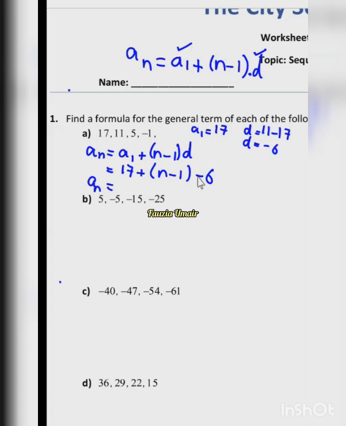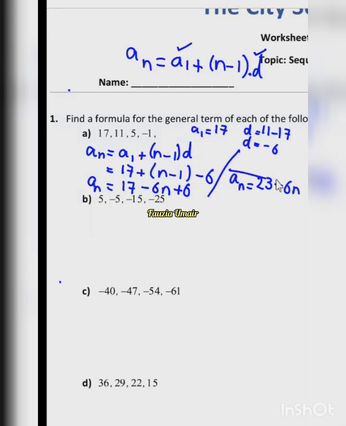This minus sign will change the signs inside. So it will be 17, minus 6 multiplied with n, so minus 6n. Minus into minus 6 into minus 1 would be plus 6. So the final An is equal to 17 plus 6, which is 23, minus 6n.